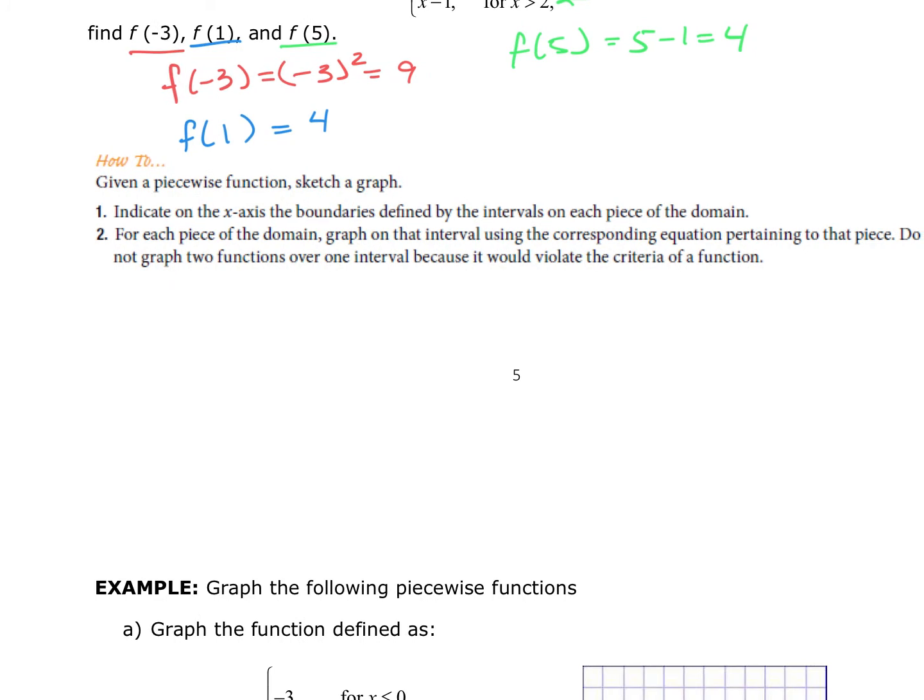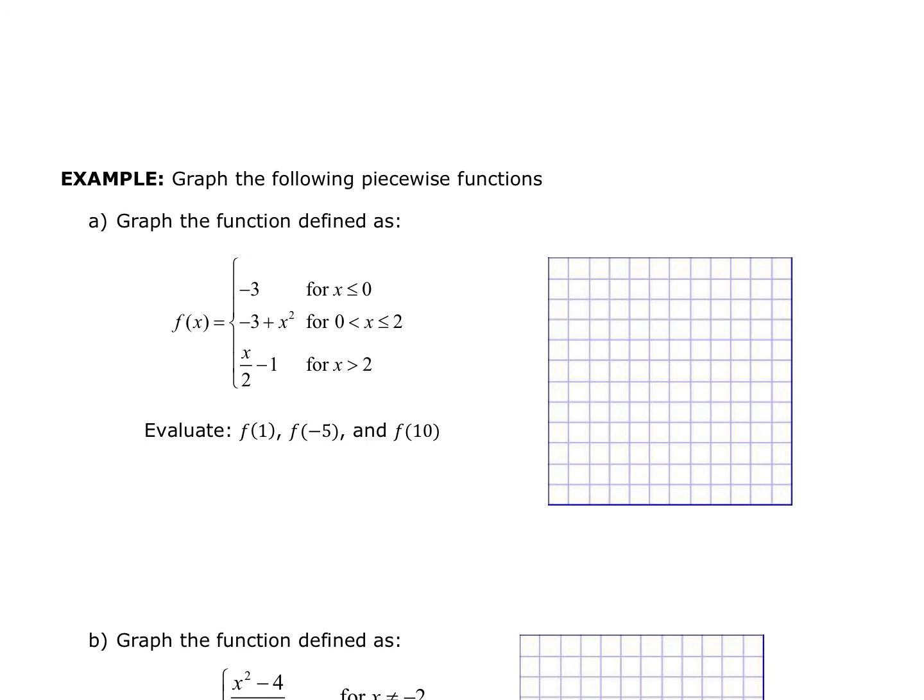So how do we graph these wonderful piecewise functions? Well, what I do is I look at the domain, and then on my graph, I put a dashed line to remind myself something is changing at the breaks in my domain. So if I'm asked to look at negative 3 for x less than 0, so on my graph, here are my axes.